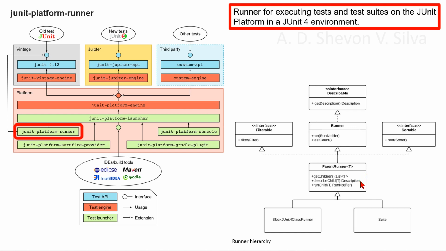The child is of generic type T. The list of T might be the tests defined by a single test case. It should be derived from the constructor-injected test class. Development needs are reduced to retrieving this list of children, and to providing the description and execution of a single child.